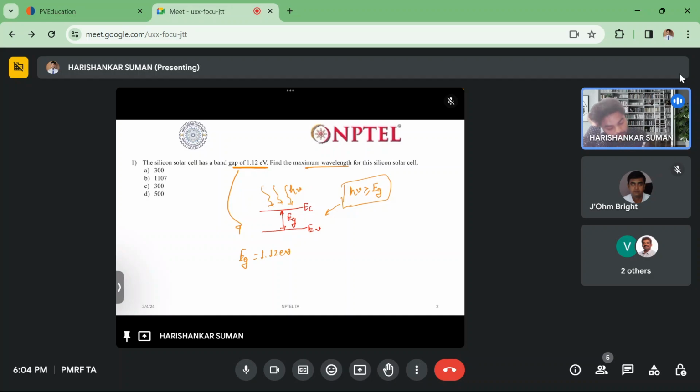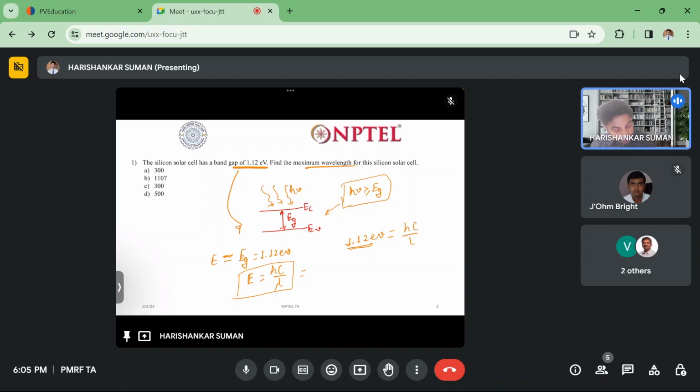For maximum wavelength, we know E equals hc by lambda. We have to find the minimum energy that can give the maximum wavelength. So we can equate it to 1.12 eV at least. If the incident photon has that much energy, then the material can absorb it.